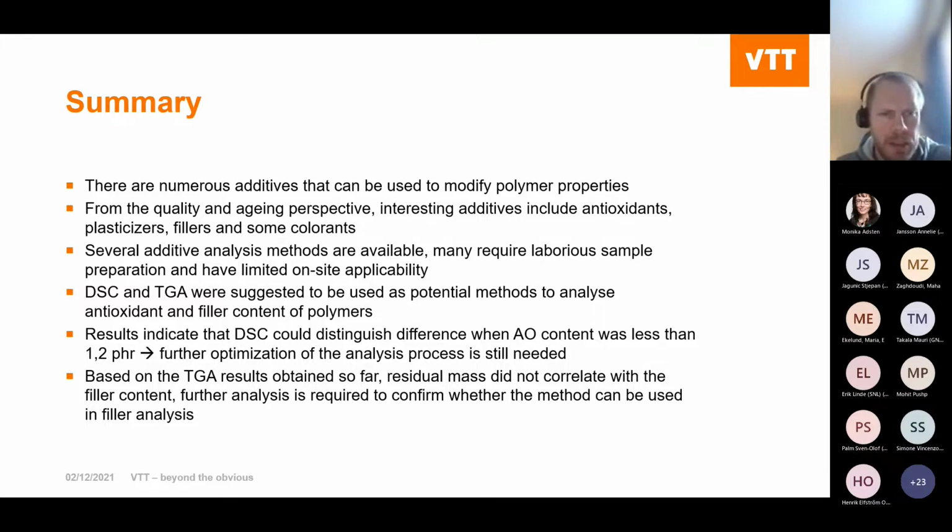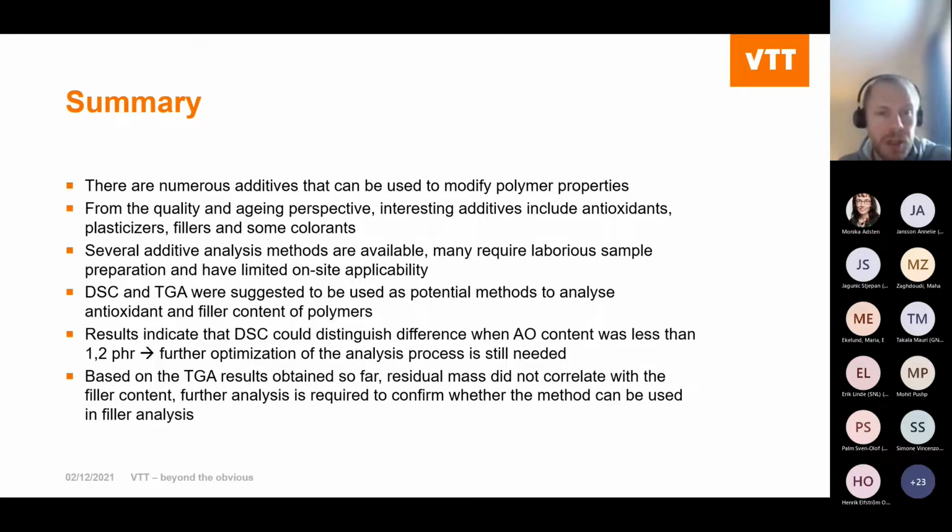Results indicate that with DSC, we could distinguish differences in antioxidant content when the antioxidant content was less than 1.2 phr. But we will still continue with this. We have been discussing further optimization of the analysis process, so we will continue working with this next year.